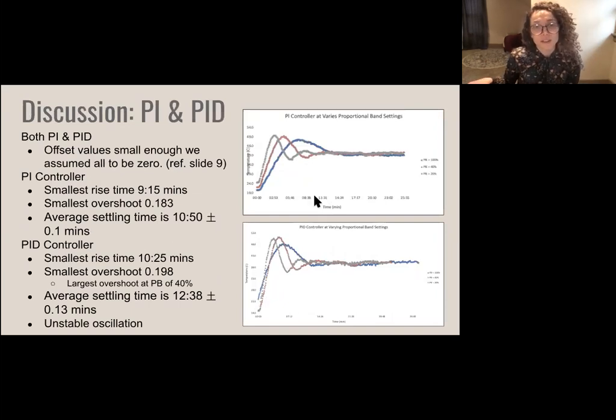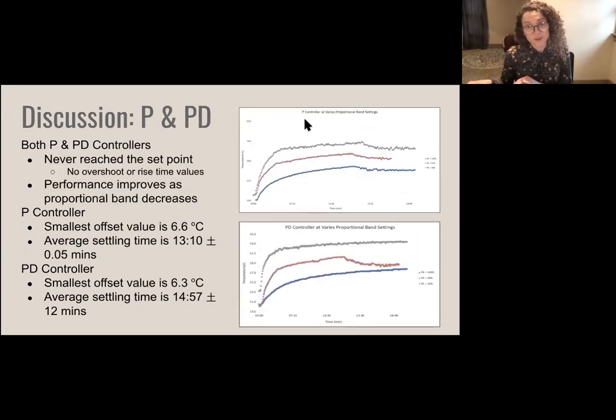Okay. I forgot to mention also that this is what our raw data looked like on Excel. And so this is for the PI, this is for the PID. The previous was for P, and this is for PD.